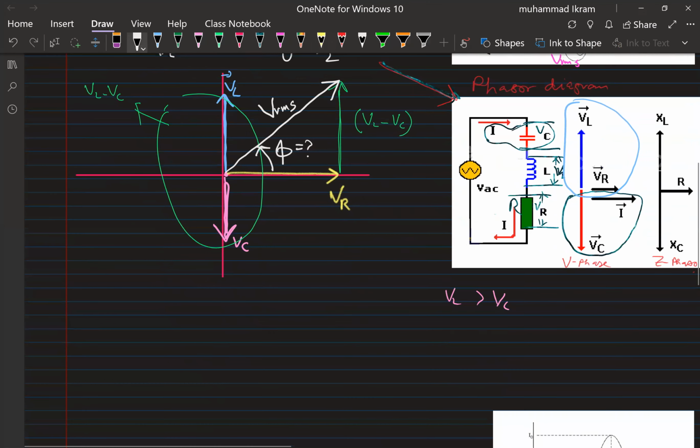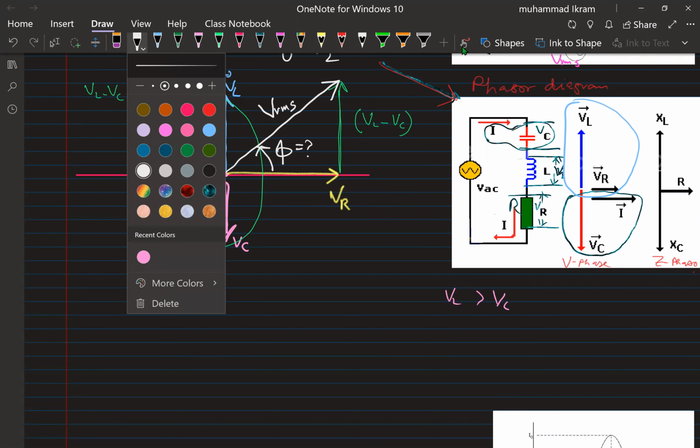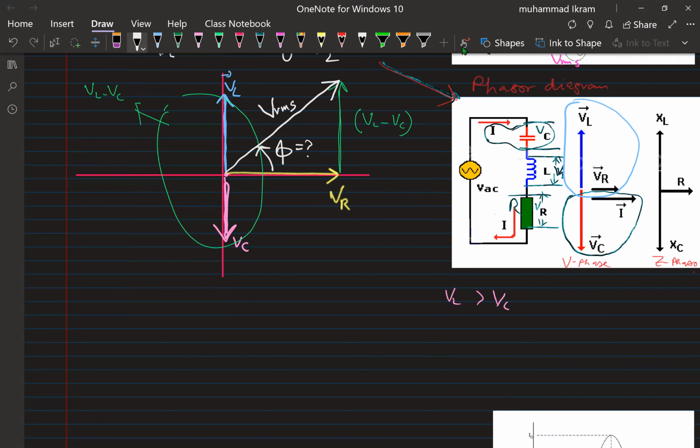We now wish to find the total impedance of the circuit, the resultant impedance. If you look into this diagram, VRMS equals the square root of VR squared plus VL minus VC whole squared.